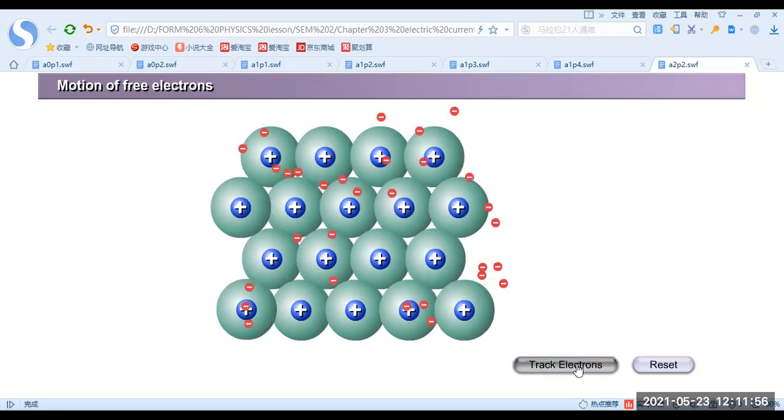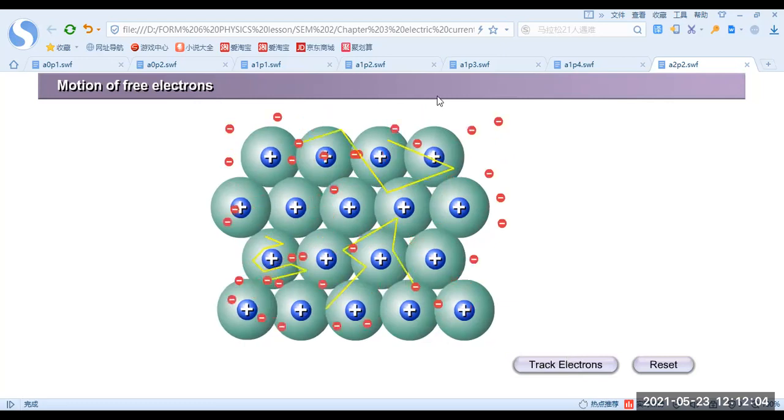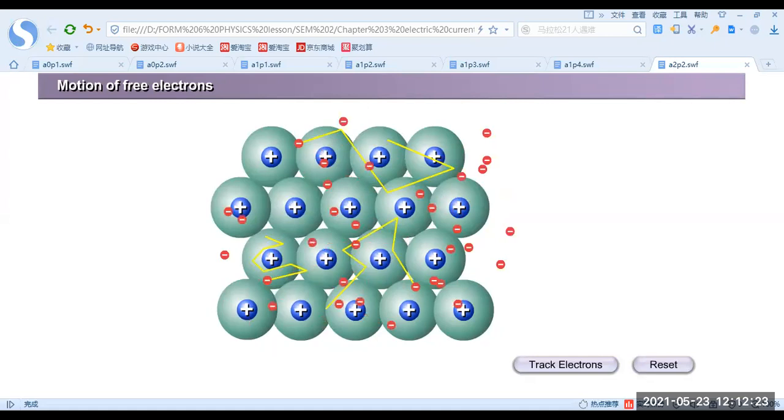Now, the free electrons move randomly, in random directions, or more simply, in all directions. Okay, next.